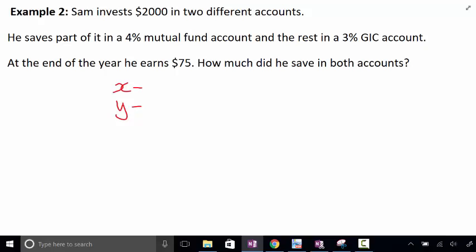Yeah, how much money he put into each account, because notice he has $2,000 and he's going to put some of it in the mutual fund and another into the GIC. So, x, we're going to do the amount in the mutual fund. And here is the amount in the GIC.